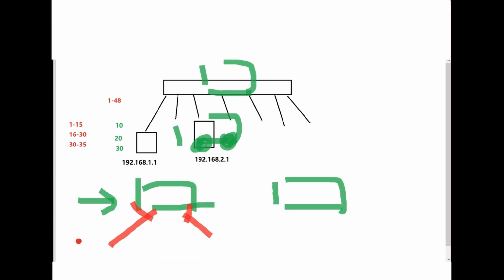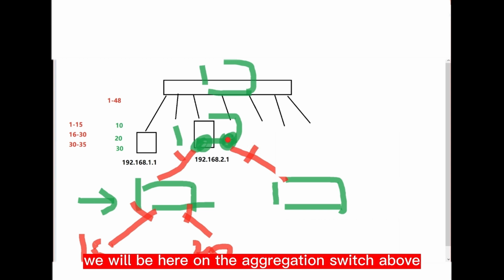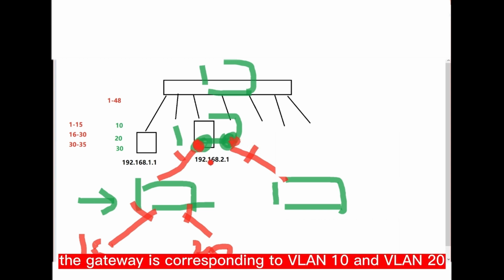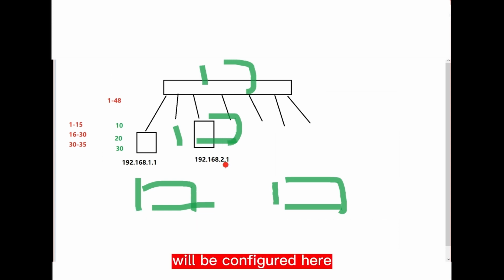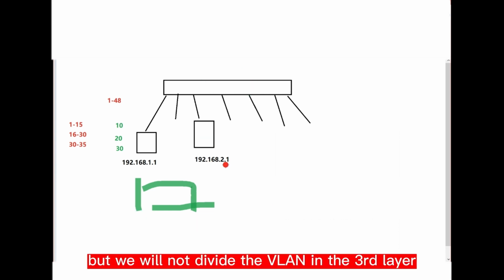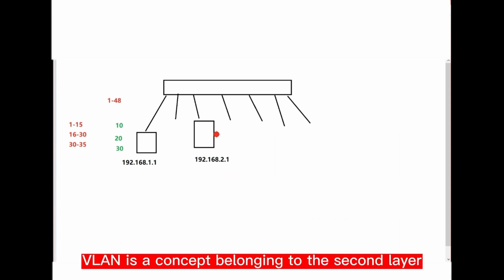For example, this is VLAN 10. This is VLAN 20. In the future, on the aggregation switch above, the gateways corresponding to VLAN 10 and VLAN 20 will be configured here. But we will not divide the VLAN in the 3rd layer. VLAN is a concept belonging to the 2nd layer.